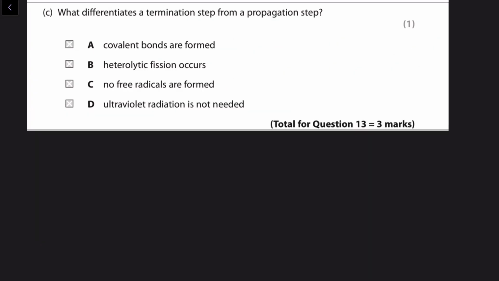Question C. What differentiates a termination step from a propagation step? In termination steps, 2 radicals react together to form a molecule. So there can be 3 reactions. A chlorine radical reacts with another chlorine radical to form a chlorine molecule Cl2.